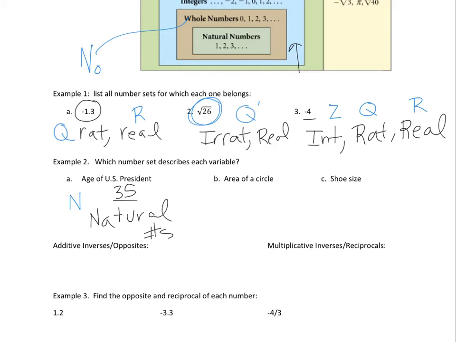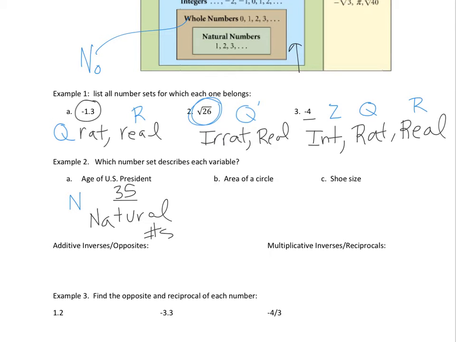So it's natural numbers including 0. So I know that your age could be a real number on a number line, but if somebody asks you your age, you would use natural numbers. And I'm not including whole numbers because a president can't be 0 years old.